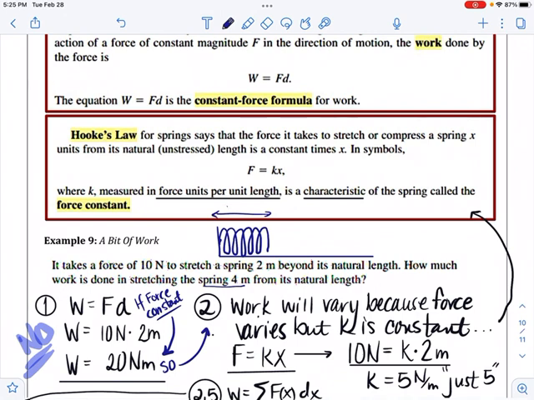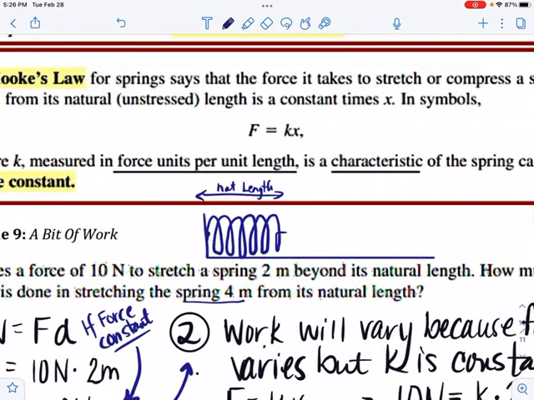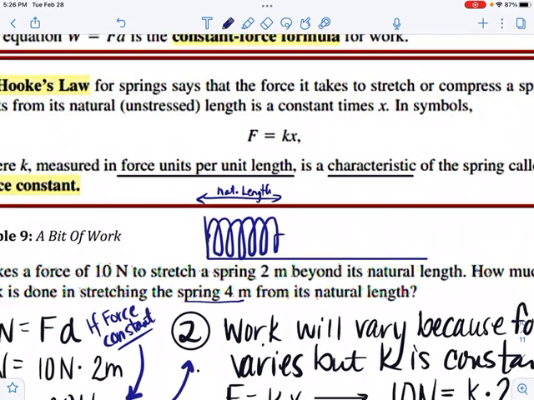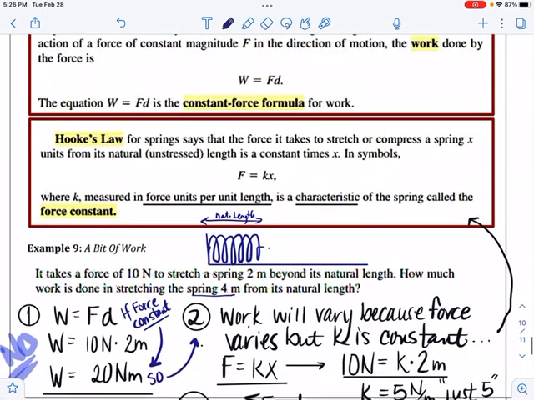The natural length of the spring means that it's at rest, before you pull it. And what you want to do is pull it in a direction where we're pulling. You can see that it takes a certain amount of force to pull on the spring and to hold it.